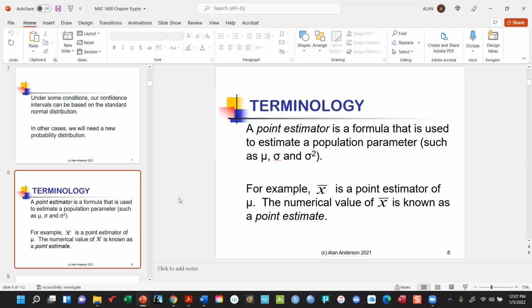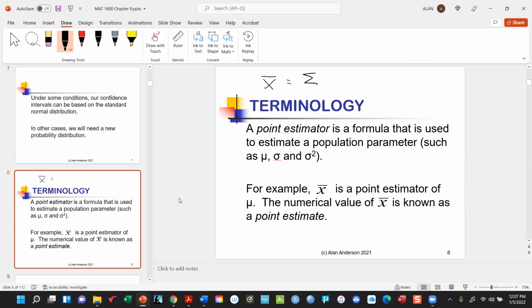In other words, the formula that we use for X bar, in statistics, is formally known as a point estimator. Now, the word point simply means it provides us with a single value. The word estimator means it's a formula that is being used to let us calculate or estimate the value of the population mean.